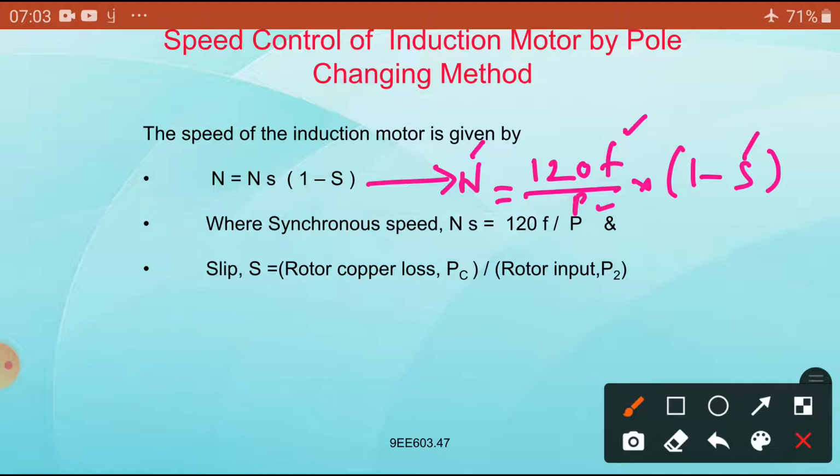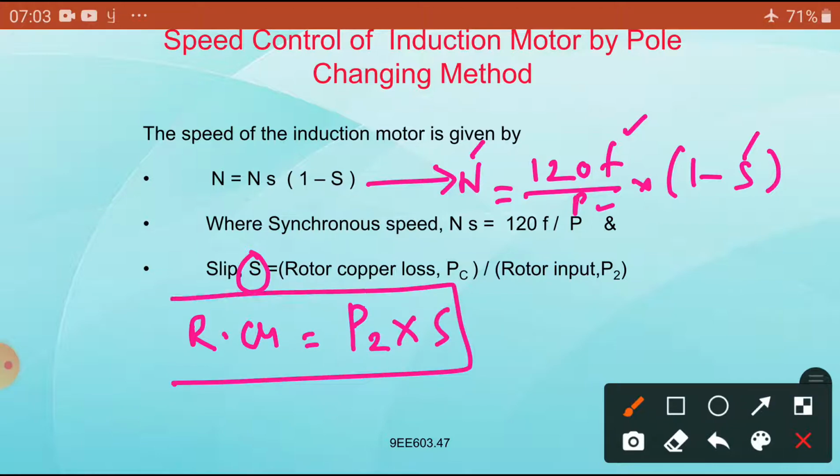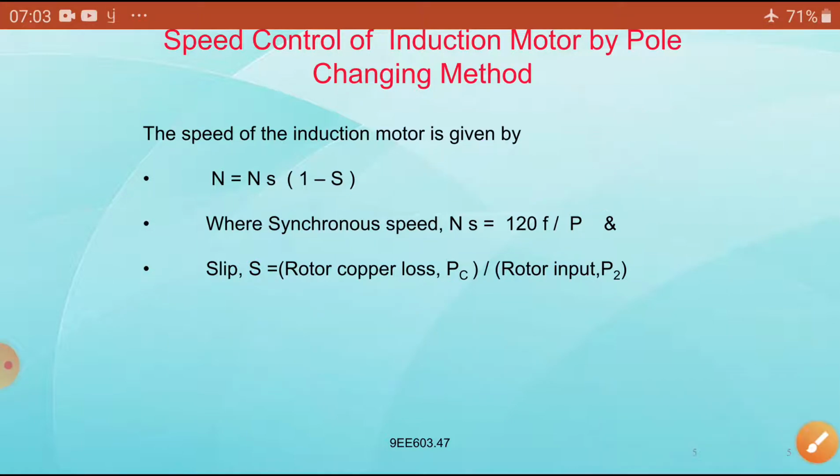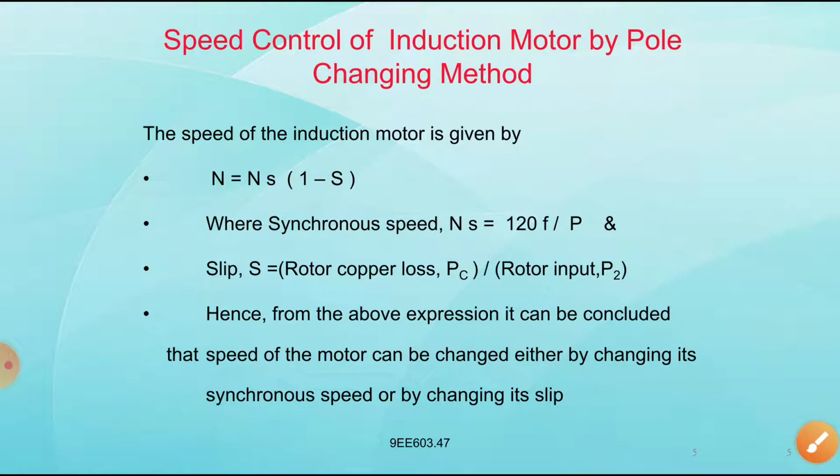Okay, at the same time, what is the slip? Already we know that rotor copper loss is equal to rotor input into slip. Hence, from the above expression it can be concluded that the speed of the motor can be changed either by changing its synchronous speed or by changing its slip.